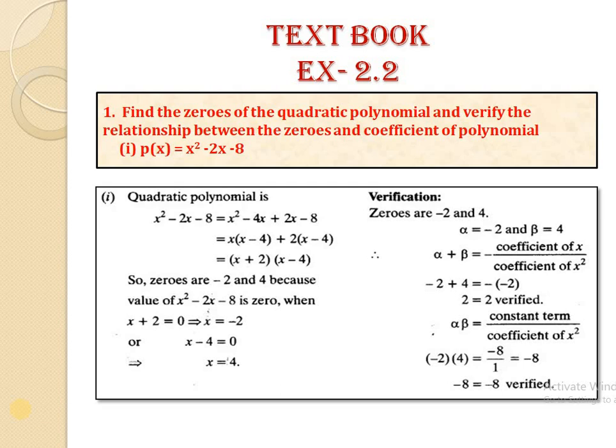Hence verified. Now for the product of alpha and beta, that is minus 2 into 4, we get minus 8. And according to the formula, alpha into beta is c by a, that is constant term upon coefficient of x square. We get minus 8 by 1, which is equal to minus 8. Hence verified.